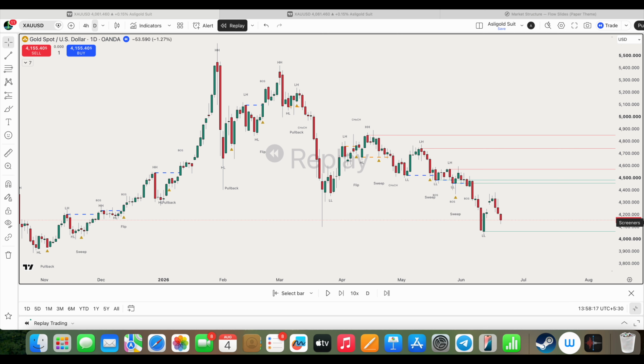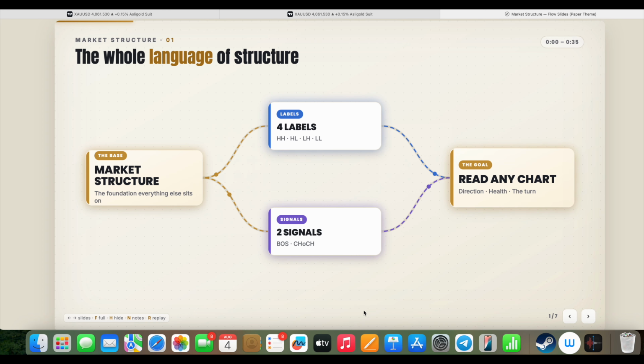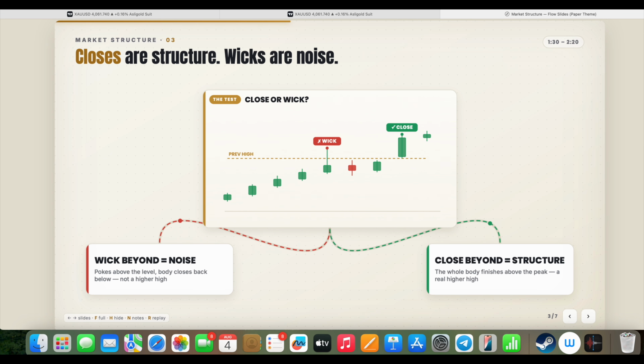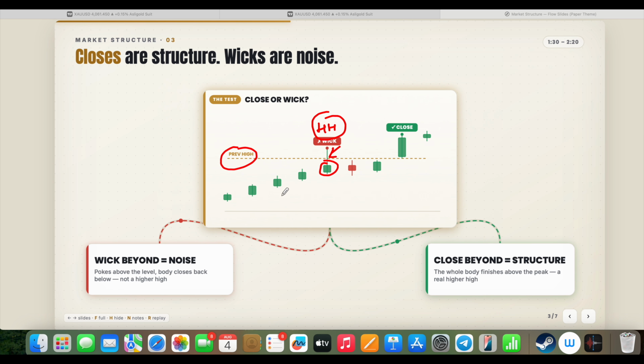You mark the structure using the close of the candle, not the wicks. Look at this candle right over here. The wick goes above the previous high, and your eye wants to call this a higher high. But look carefully, the body of the candle, the close, is still below the old high.